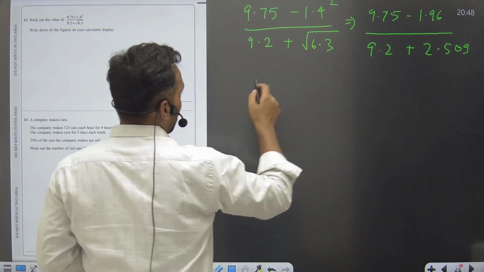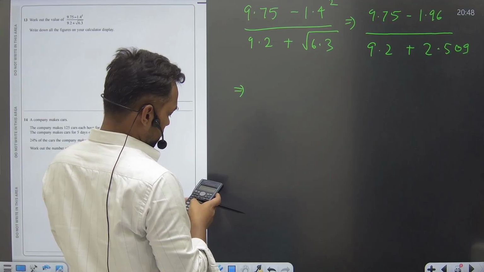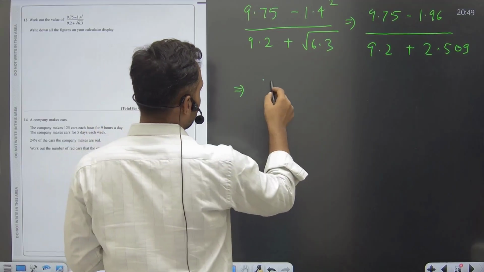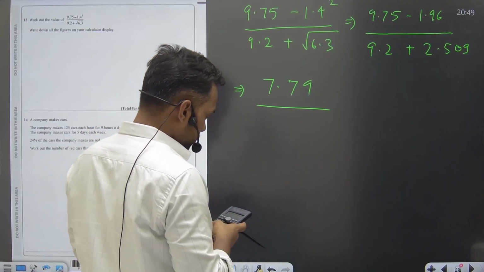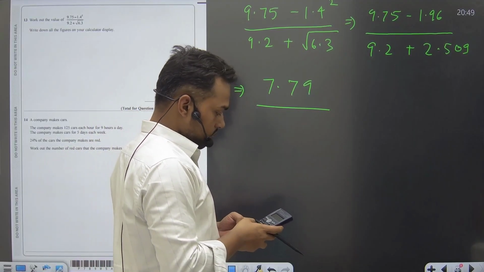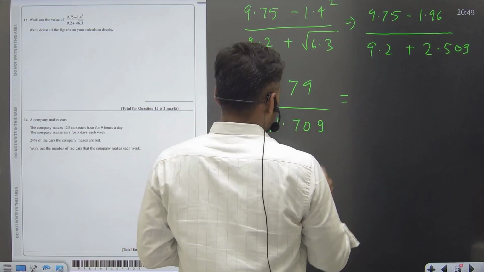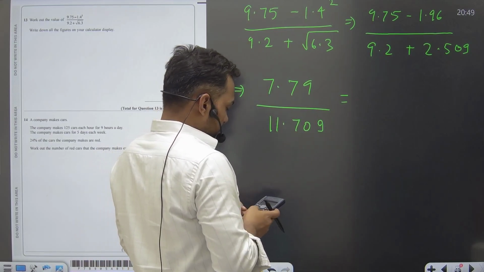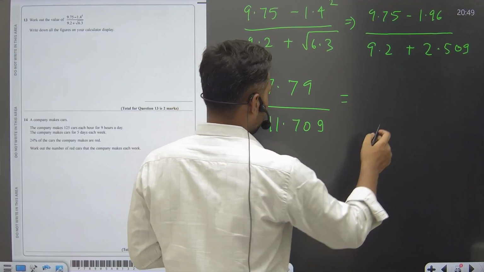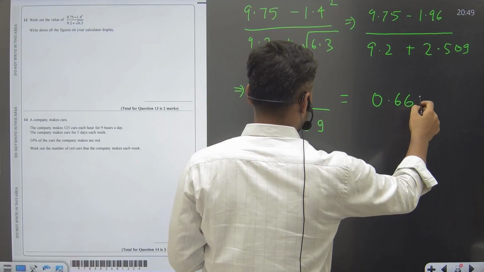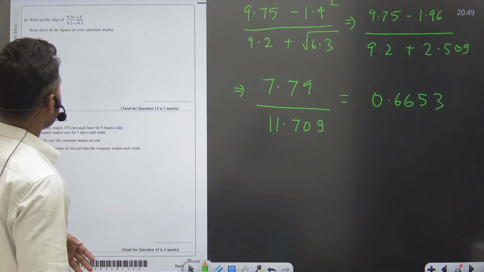Now in the numerator, 9.75 minus 1.96 is equal to 7.79. In the denominator, you will get 9.2 plus 2.509, that is equal to 11.709. So 7.79 divided by 11.709, we will get 0.6653. Okay, this is what we are getting, students.